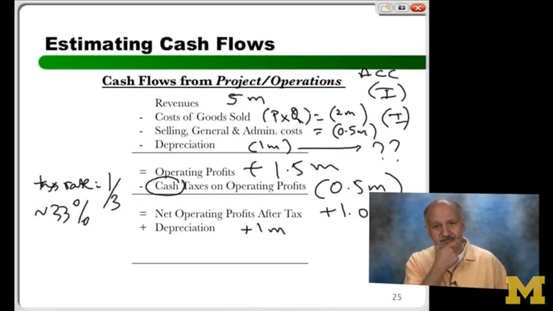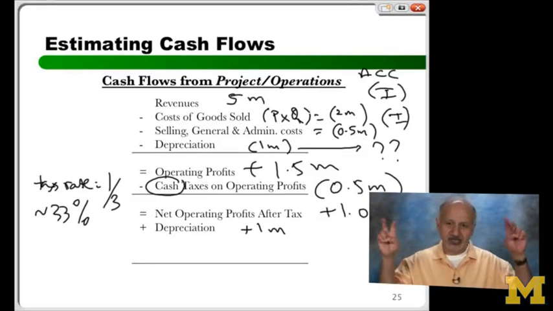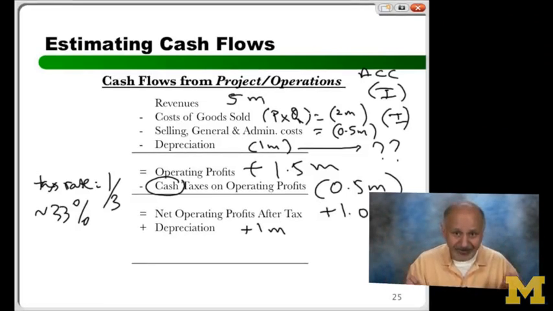They are lower. So if I'm allowed to depreciate and deduct it at 1 million, my taxes now are 0.5 million. Let me ask you, what would your taxes have been if you didn't subtract it? Higher or lower? Higher. So the fact that my taxes are already lower to 0.5 million means depreciation has done its job.